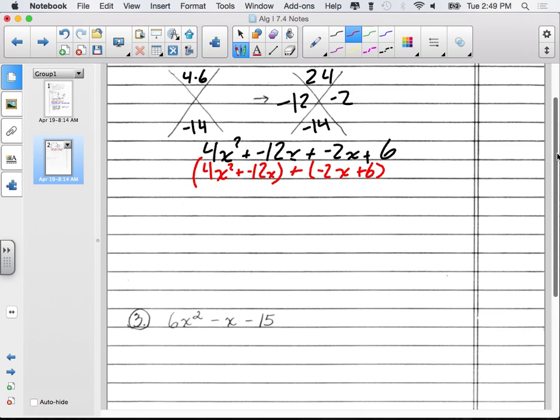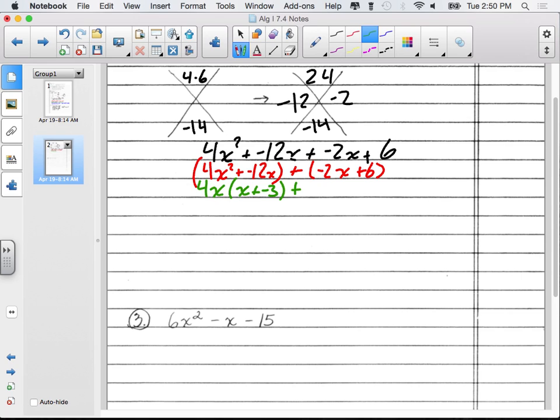What can we factor out of both terms? 4x. Okay, so we can factor that out. What are we left with? X minus 3, or x plus negative 3, same thing.